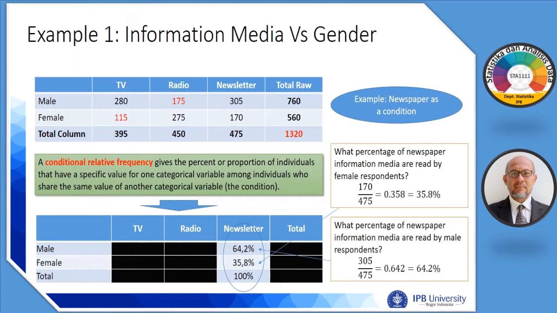A conditional relative frequency gives the percents or proportions of individuals that have a specific value for one categorical variable among individuals who share the same value of another categorical variable, meaning the condition. Yeah, this is more difficult to understand compared with joint and marginal frequency. Okay, look here, a little bit slowly.